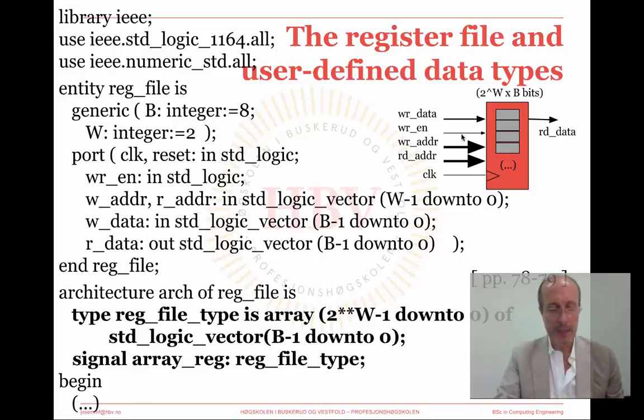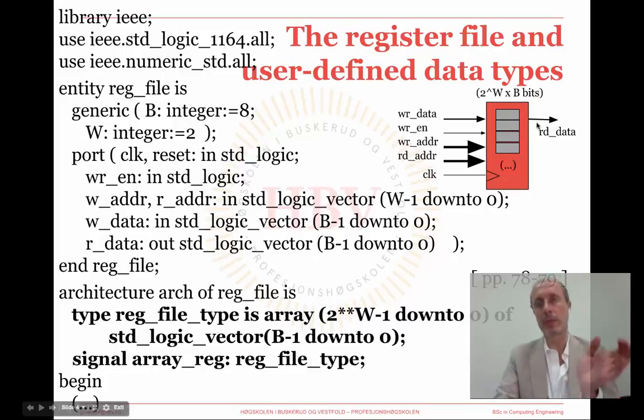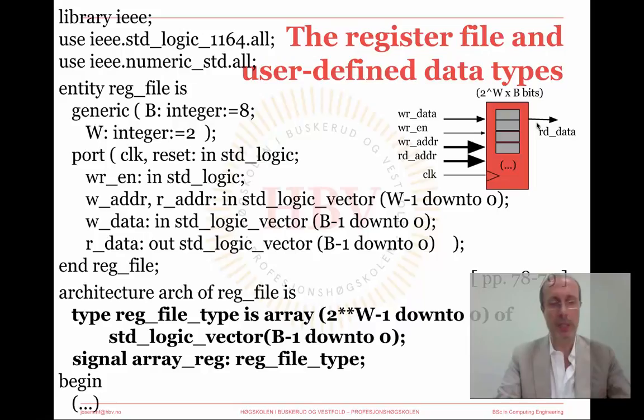One of the address buses is used to identify in which position or in which register we want to write, and this is the write address bus. And the other address bus is the read address bus, which is used to select which register should send its content to the read data output bus.